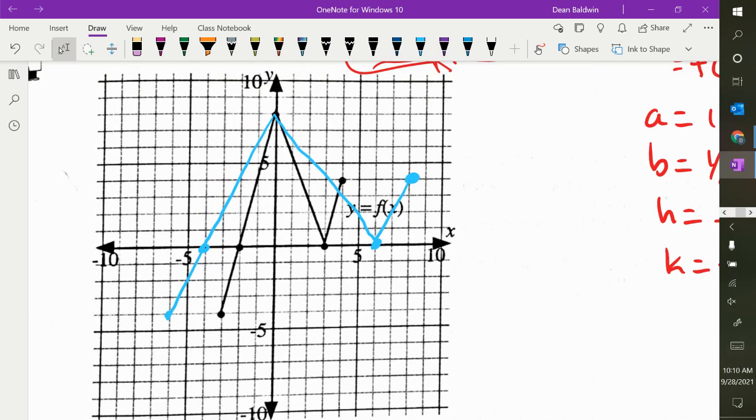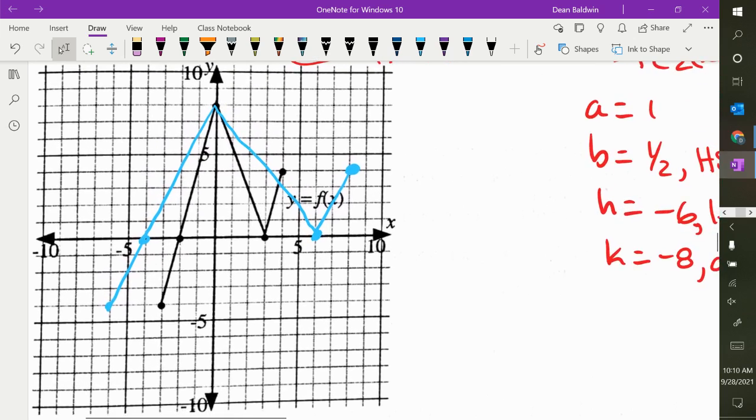You get that. What's your next step? So you go 6 left, 8 down. Again, one of your points is going to be off the graph. That's okay.